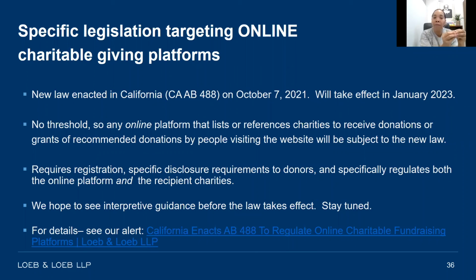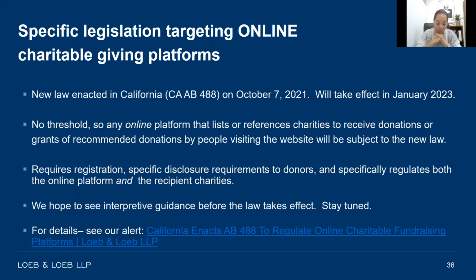Some of the platforms that are covered by the definition of charitable giving platforms already would have been covered by CCV definitions, professional fundraiser definitions, fundraising council definitions before. But some platforms that may not have thought of themselves as online charitable giving platforms will find themselves covered by this law. So it's registration, it's disclosure requirements, it's all the things we've talked about in the CCV context, except I think that you're going to find it a little bit broader.